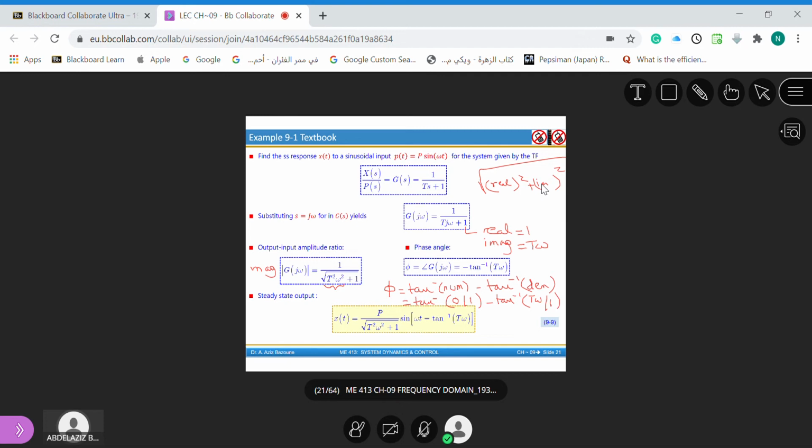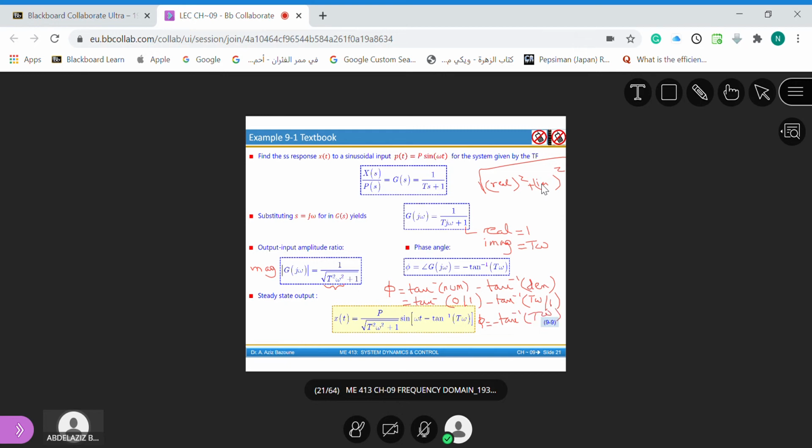We already explained that the phase angle is the imaginary part over the real part. tan⁻¹ of 0 over 1 will be 0. So at the end of the day, you will find φ is equal to minus tan⁻¹ Tω.